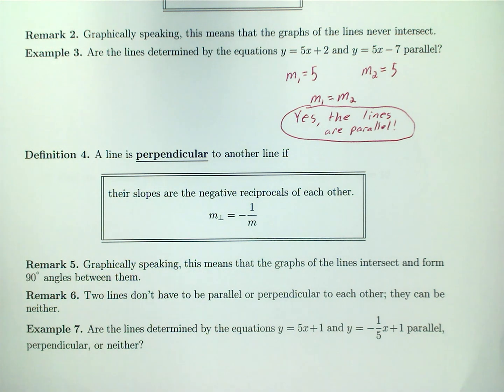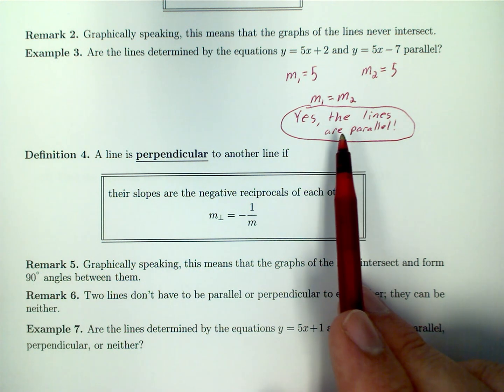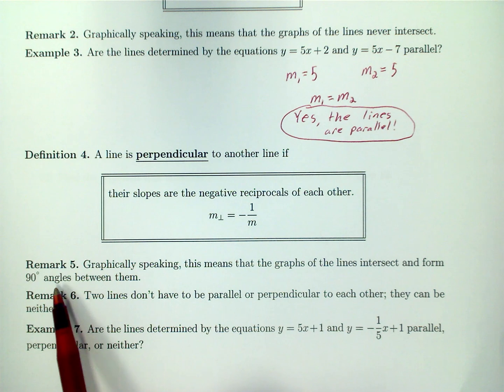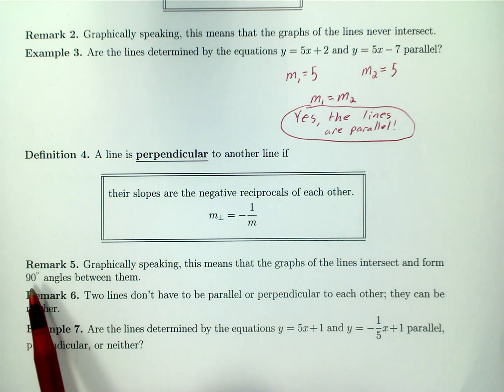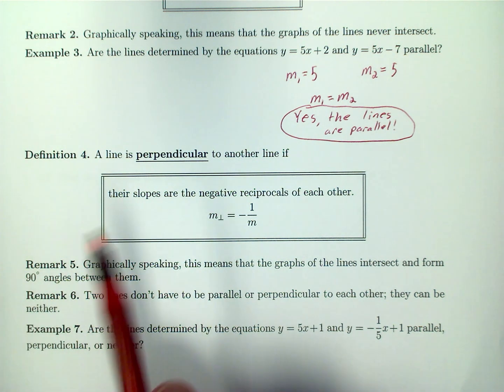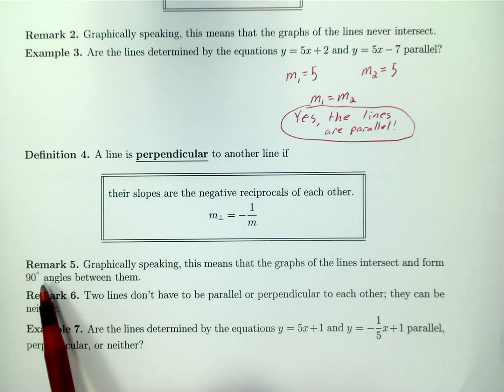Graphically speaking, what this means is that if you graph them, they will intersect. With parallel lines, they never intersect. With perpendicular lines, they intersect at a 90-degree angle.